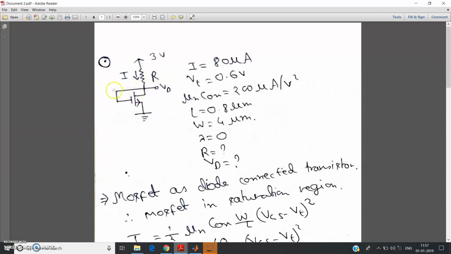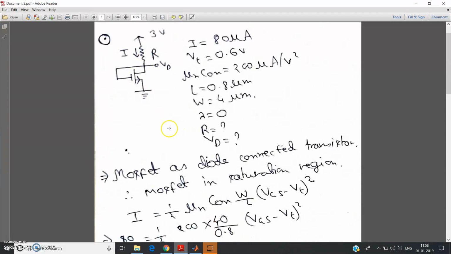No current will flow through the gate path, because the gate current is equal to 0 if we do not consider the hot electron effect or tunneling current effect. We need not consider those nonlinear effects here. So this whole current will flow through the drain and come out of the source, because ID equals IS for a MOSFET, right?